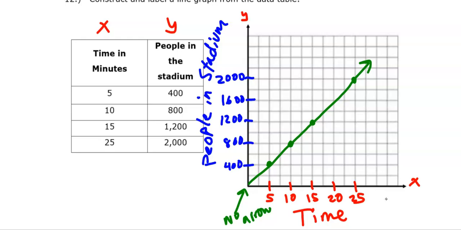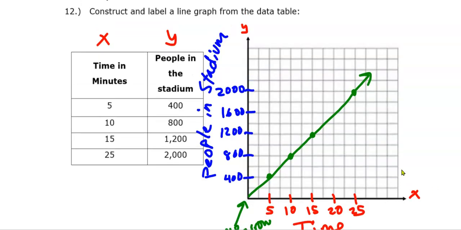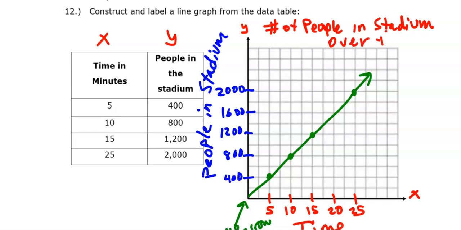So only one arrow on our graph. And the graph needs a title. Number of people in stadium over time. So as the time increases, the number of people in the stadium increases.